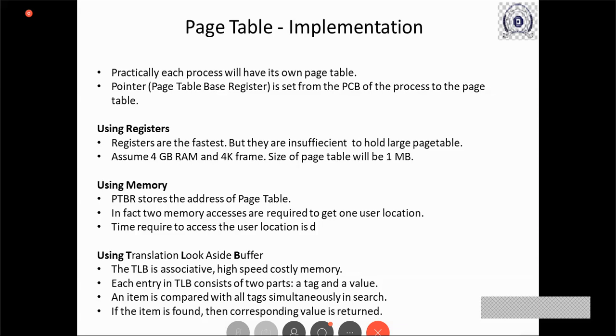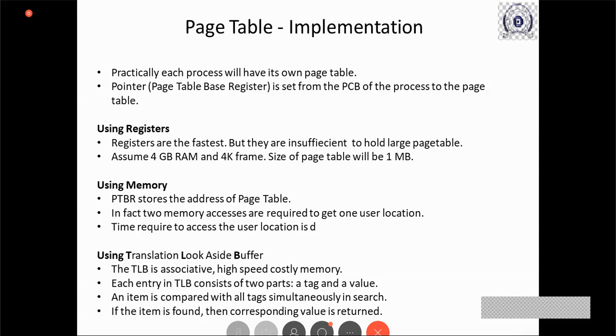Say for example, if we have a RAM of 4 GB and a frame size of 4K, then 2^20 entries will be there in the page table. So the number of registers is very, very few compared to the 2^20 locations required for storing the page table.